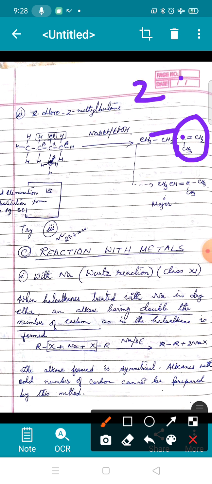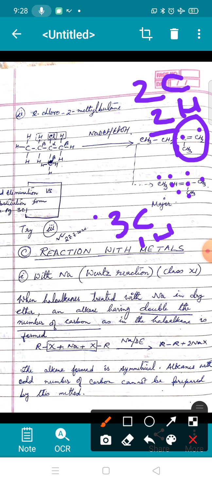So here I have two carbons or two alkyl groups, and this is attached to two hydrogens. So I have two alkyl groups and two hydrogens. Look here, the second one. This carbon and this carbon we need to look at. This carbon is attached to one carbon and one hydrogen, and this carbon is attached to two carbons. So altogether we have three carbons and one hydrogen. So here I have more carbons, and that is how this is the major product.